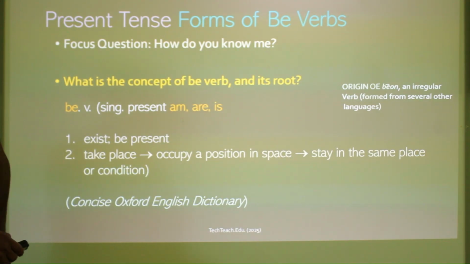When we look in our Oxford dictionary, we will see the origin of be. It comes from an irregular verb formed from several other languages. So over time, in the past, different languages like German and English merged together to form this verb to express a situation in which there is no action.